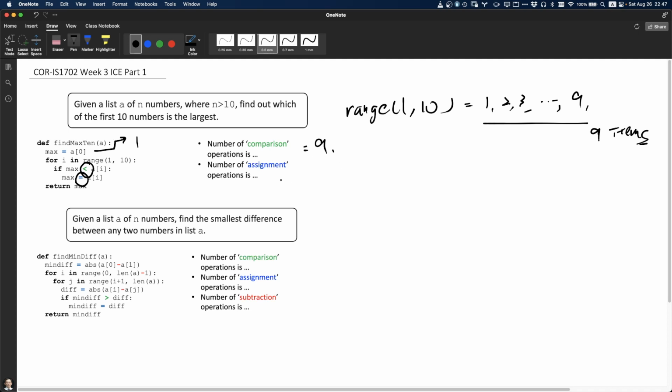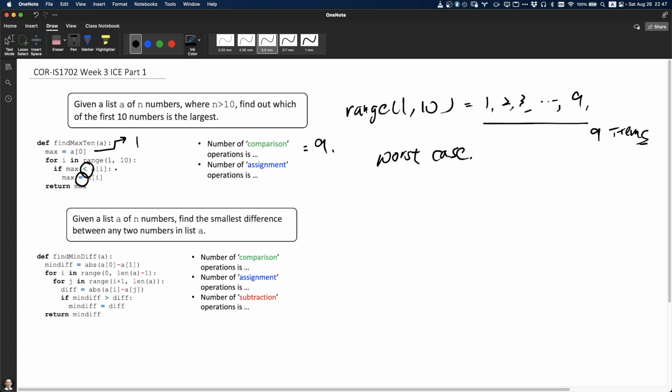So in this case, I think the usual strategy is that we look at the worst case scenario. In the worst case, for each and every if statement, we assume that this assignment operation will happen.